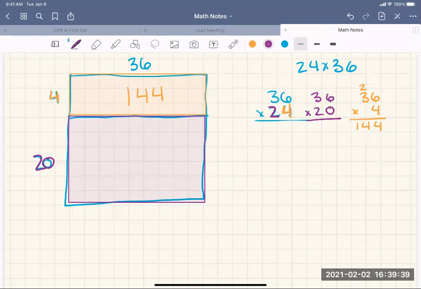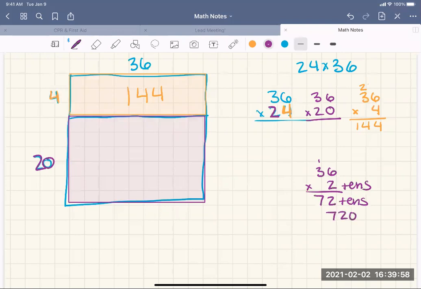So just with a 0 tacked on the end. So 36 times 2 tens, 2 times 6, 12. 2 times 3 is 6, plus 1 is 7. So 72 tens, which is equal to 720.